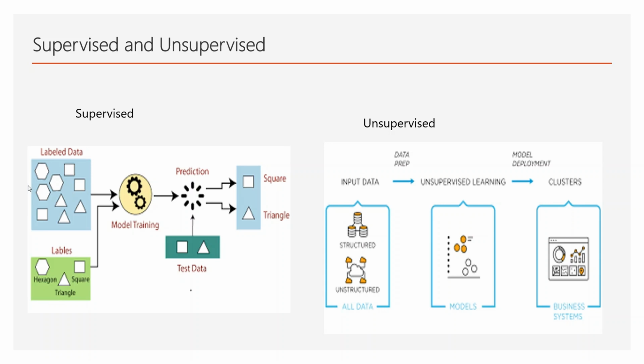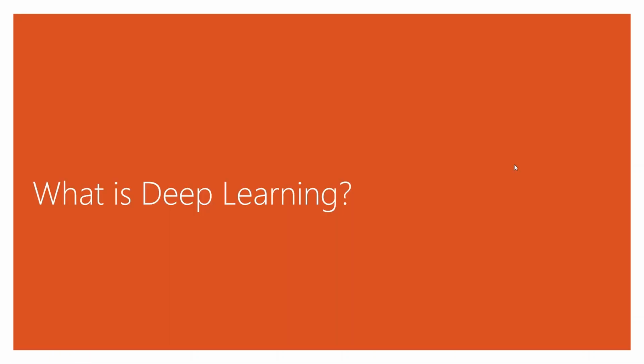When you give the test data for prediction, it will generate the output with labels. Whereas in unsupervised learning, the data is not labeled, it is unlabeled data. The model gets trained with that unlabeled data, and then it generates the output. That is the basic difference between supervised and unsupervised.